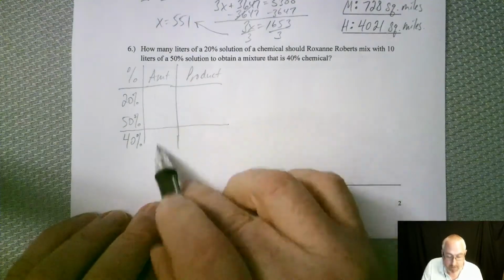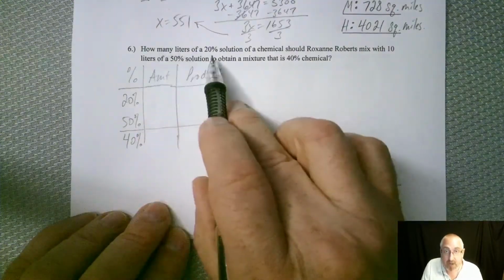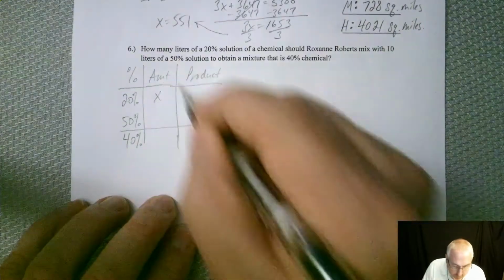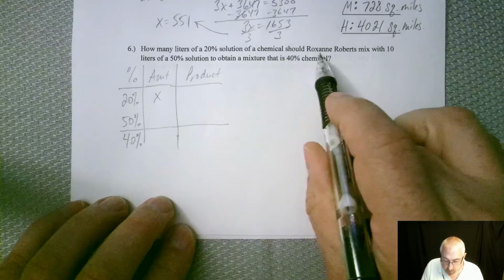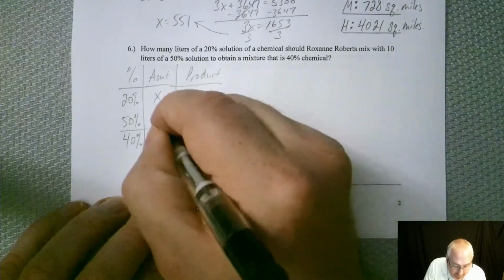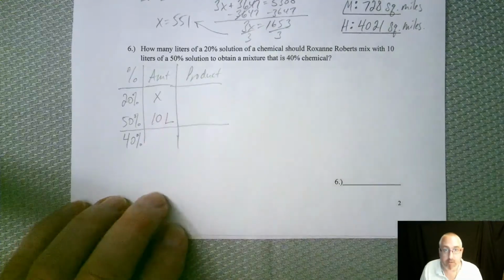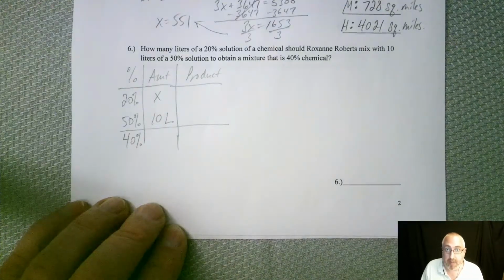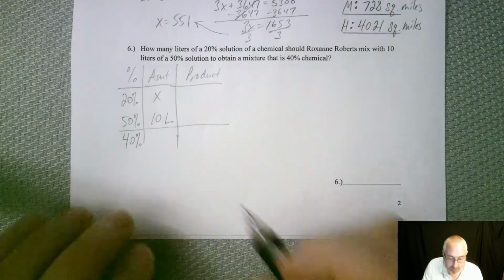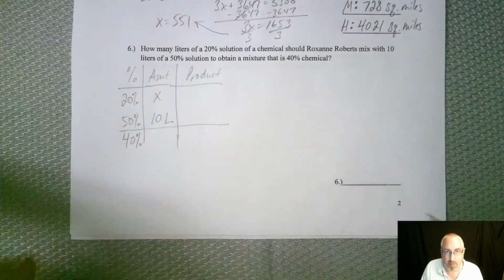Next is to get your amounts. So how many liters of a 20%? Well, we don't know. So there's our X. Should she mix with 10 liters of a 50%? So we know 10 liters goes there. And then to obtain a mixture that's 40%, again, we don't know how much. We're not going to say X again, though, because that wouldn't make sense.